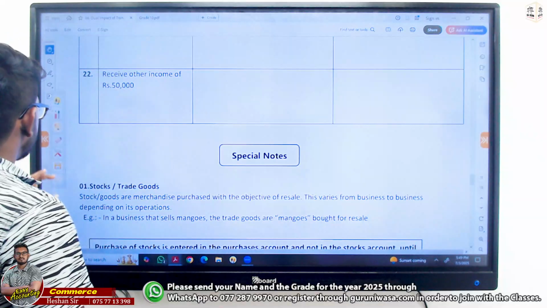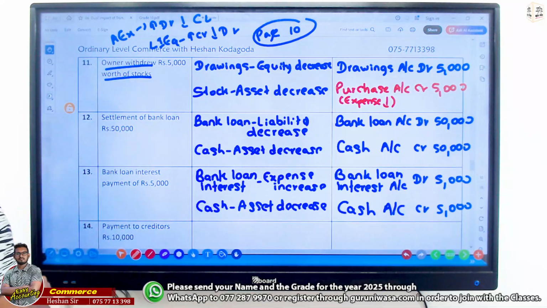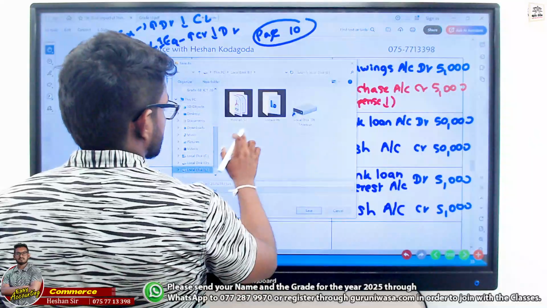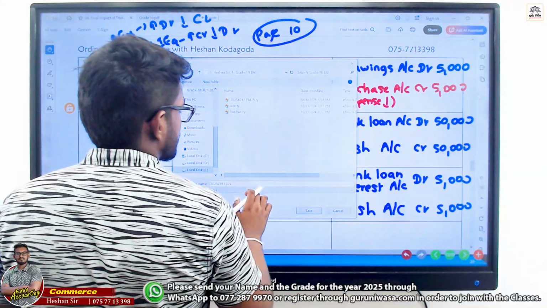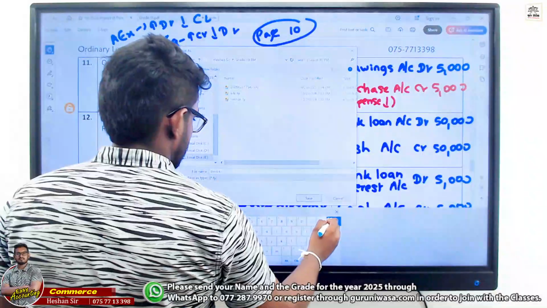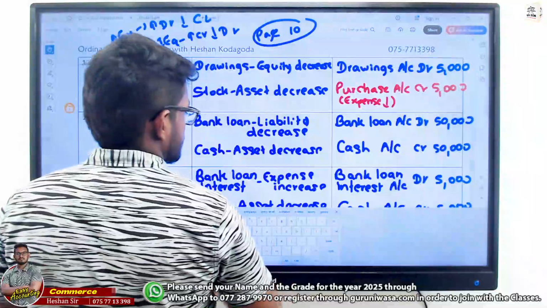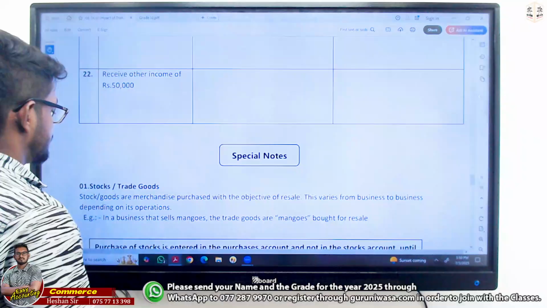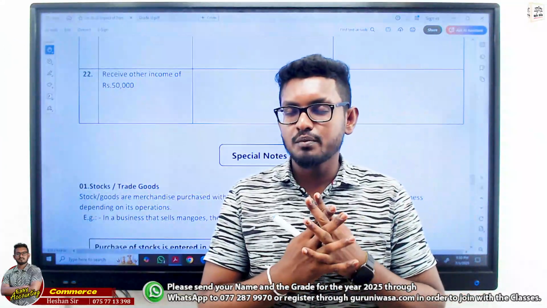We finished only 13. Am I correct? I'll save this for our future, next week. Right. Okay. Saved. Don't stay without practicing, or you will struggle later. Look at stocks well.